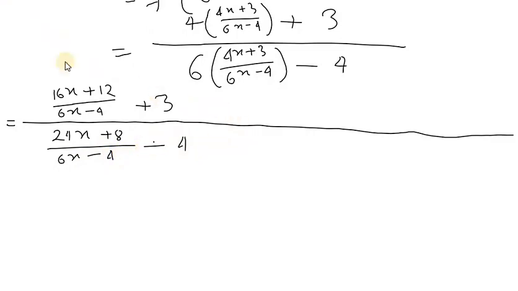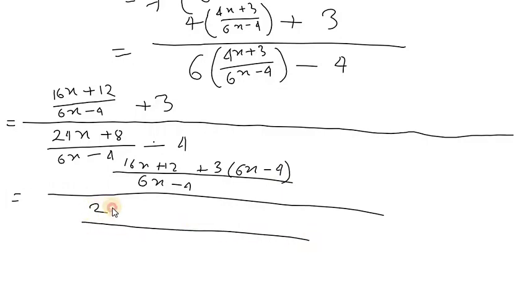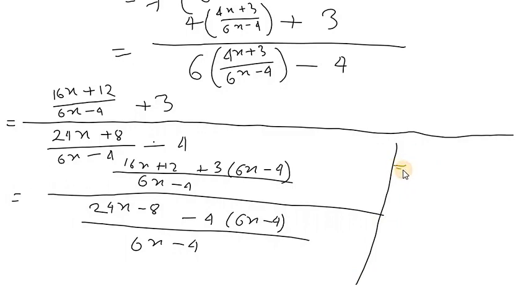The next step is to take the LCM in both numerator and denominator, so the 6x minus 4 terms cancel. You cancel these two things.